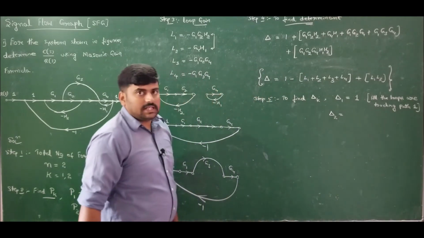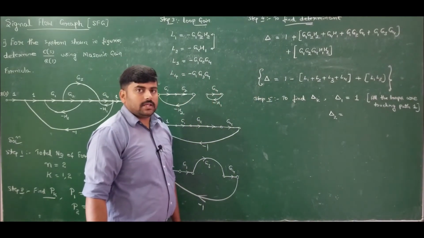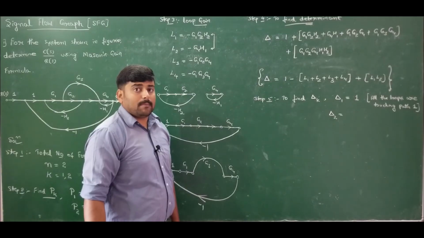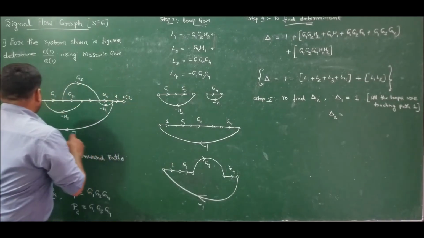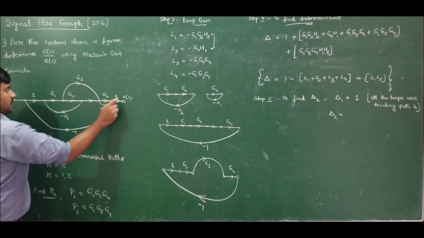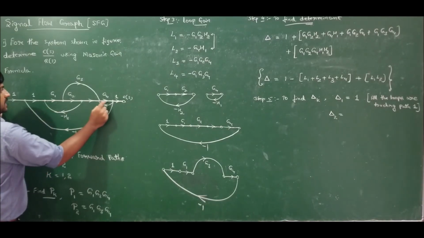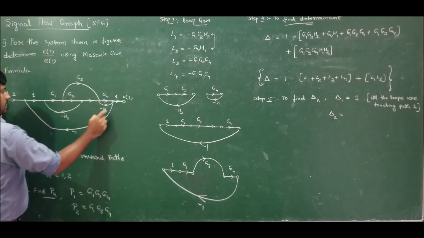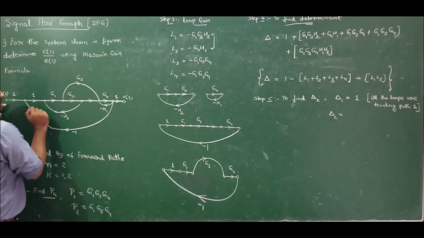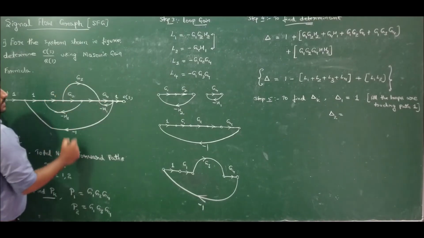Next, what is the value of delta 2? Delta 2 is the value of delta by eliminating gain of loops which are touching path 2. So this is path 2. Now loop 1, yes, it is touching path 2. Loop 2, yes, it is touching path 2. Loop 3, yes, it is touching path 2. And loop 4 is made up of path 2 itself.